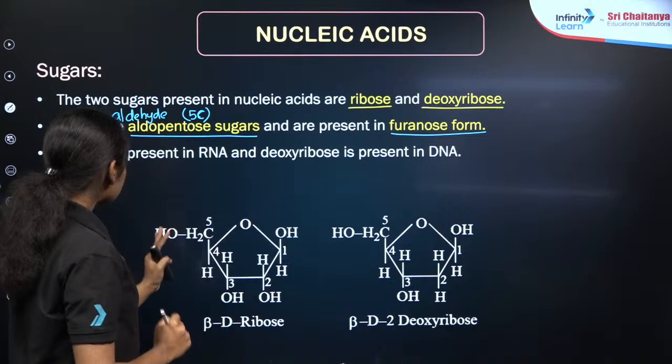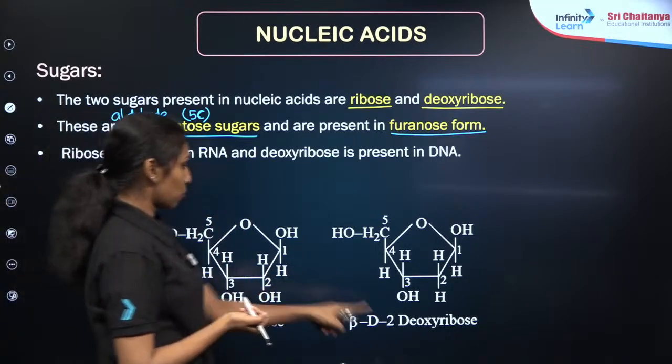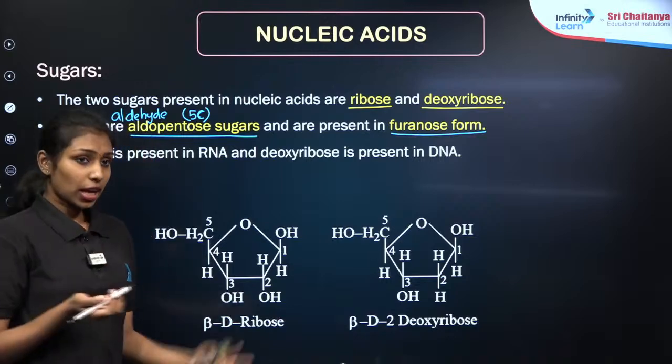So, when you are discussing the structure here, you can see the structure of D-ribose and deoxyribose. Is there any difference that you are observing between ribose and deoxyribose? Just look at the second carbon.